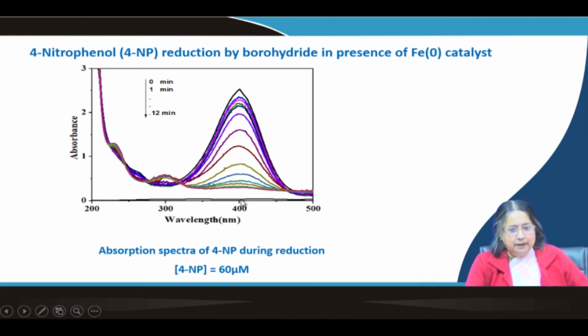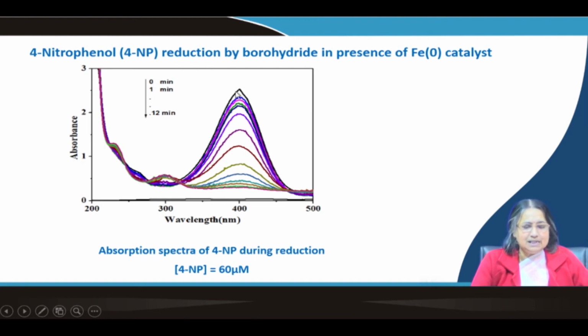Now, you see here nitrophenolate is reduced to aminophenolate. Aminophenolate has no such absorption at this position, but its absorption occurs here. We are not very much interested in that position now, we are interested in here.